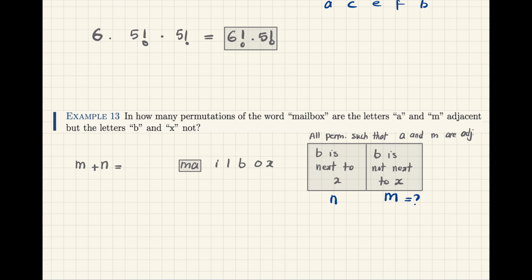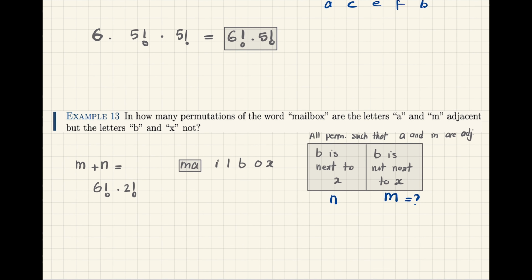So it becomes 6 factorial. But I can arrange these two letters in two different ways, because if I write AM, that's also acceptable since they are still adjacent. So I have to multiply by 2 factorial. This is the total number of permutations in which A and M are adjacent.